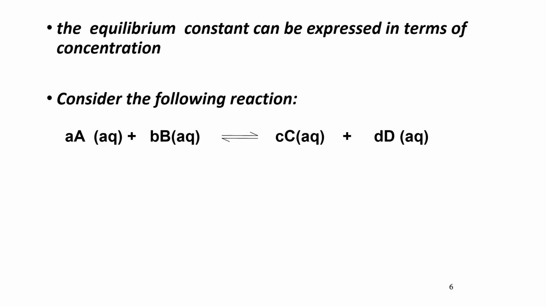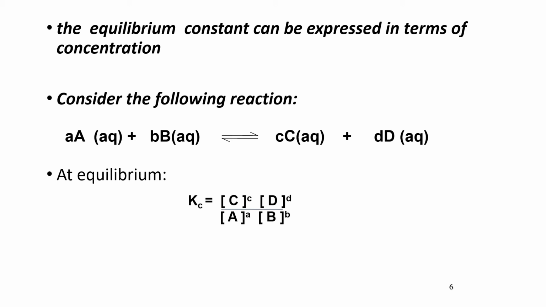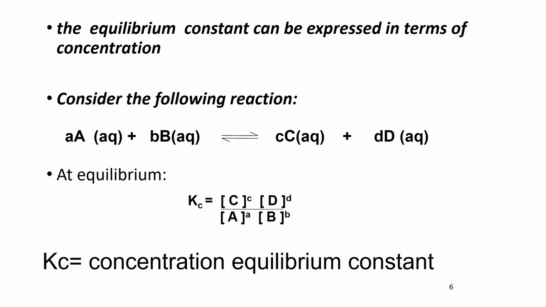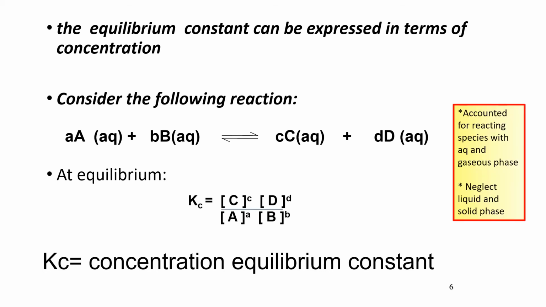The equilibrium constant can be expressed in terms of concentration, what we already did in the previous slide. Let's say you have this example, general equation. Same as the previous slide, right? To write the expression of equilibrium constant in terms of concentration at equilibrium, Kc equal to concentration of C multiplied by concentration of D over concentration of reactant A multiplied by concentration of reactant B. Kc is called the concentration equilibrium constant.